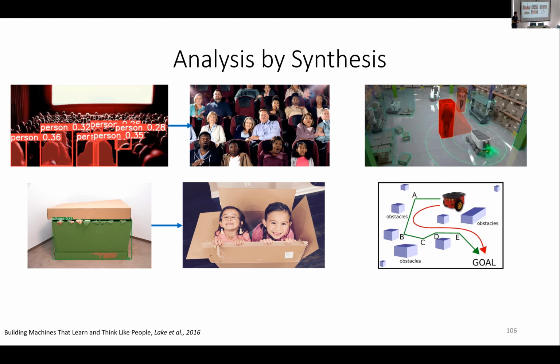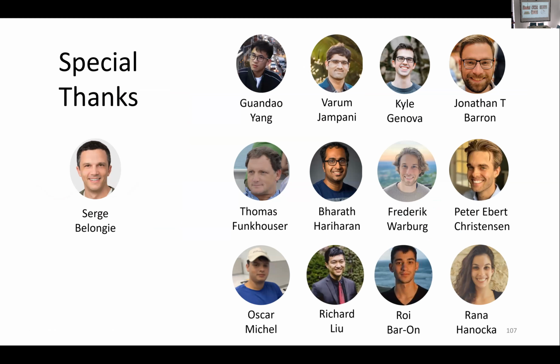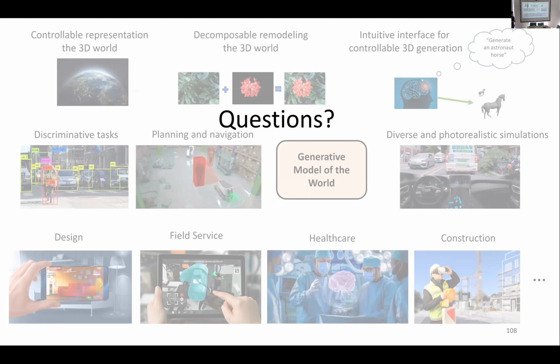And this similarly holds for the setting of robotics, where we have to navigate a scene and we see different objects. If we could hallucinate or imagine what could be behind that object, then that could potentially enable a better representation for navigation.